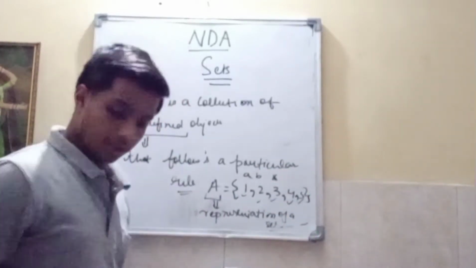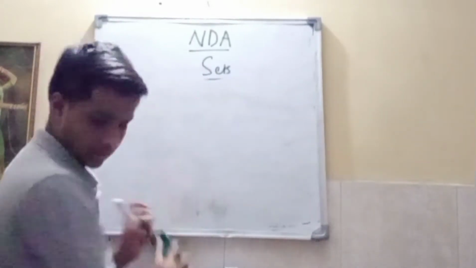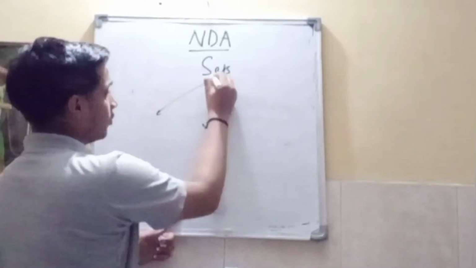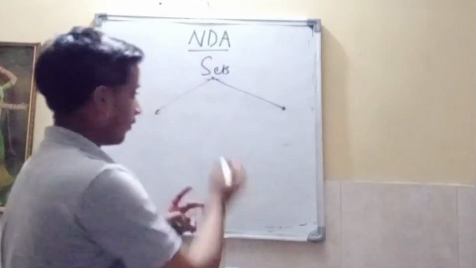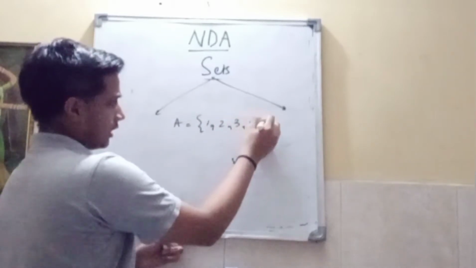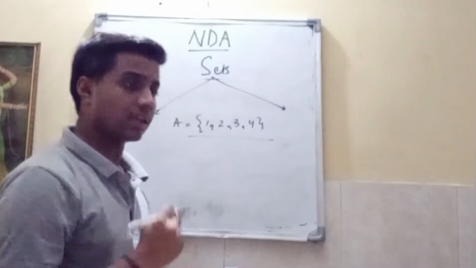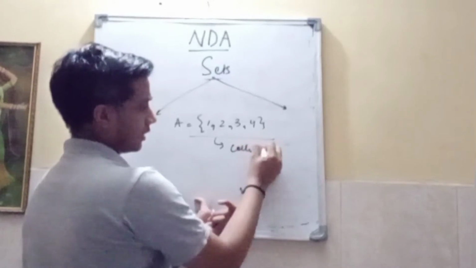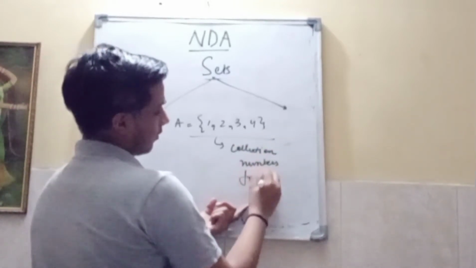The next topic we are going to do in sets is that there are two ways to represent sets. For example, I have written A is equal to {1, 2, 3, 4}. This is a way I represented a set. It is a collection of numbers from 1 to 4.